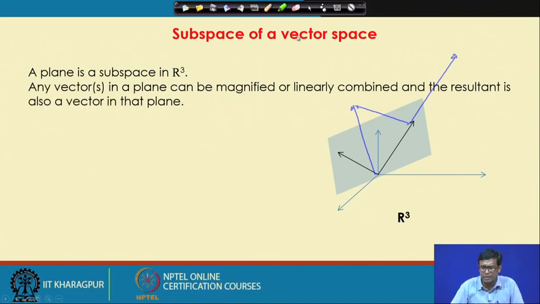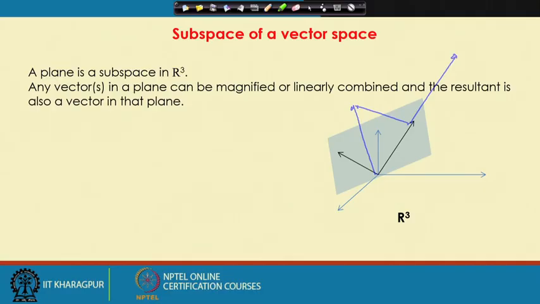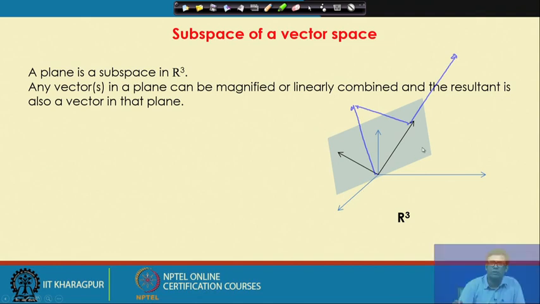Any vectors in a plane can be magnified, that is, multiplied with a particular constant, or linearly combined, and the resultant is also a vector which is on that plane only. So, this becomes a subspace, that means it satisfies the requirements of a vector space. We started with a restriction that the vectors lie in a particular plane, and the resultant is also lying on that particular plane.